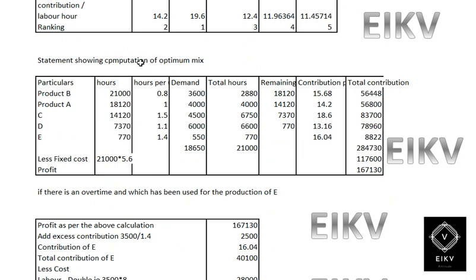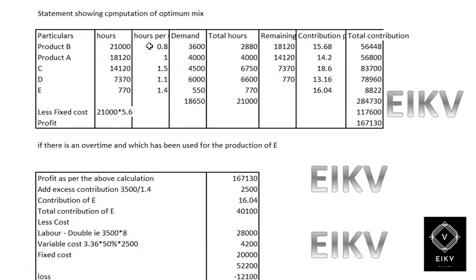Then after that you need to compute the optimum mix. So, statement showing computation of optimum mix to optimize profit. Hours available are 21,000 hours. As per ranking, product B shall be allotted first.